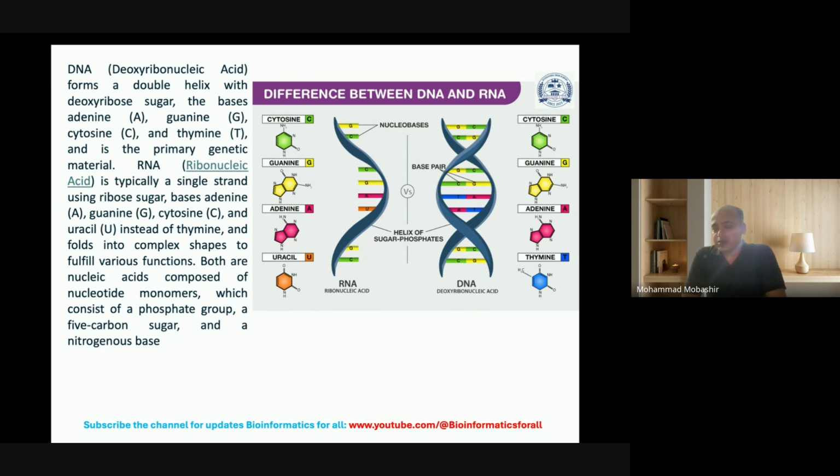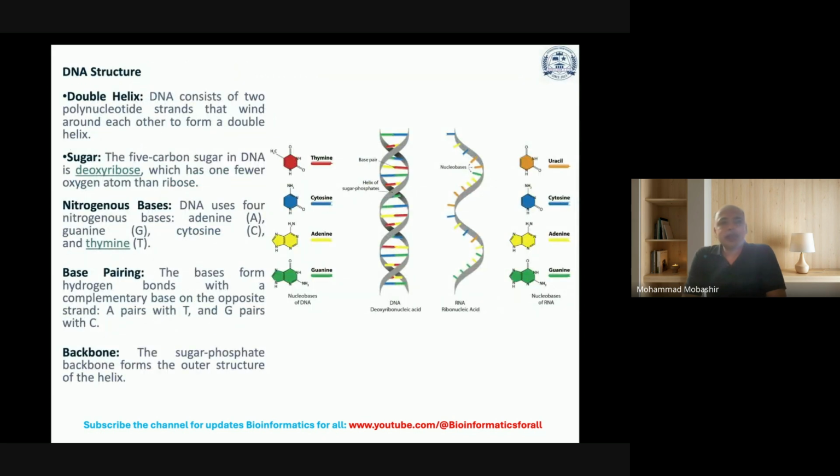In case of cytosine and guanine, you could see the triple hydrogen bonds, while adenine and thymine bind with double hydrogen bonds. And this is the main difference which you need to know in one word. Then the DNA structure, it is double helix.